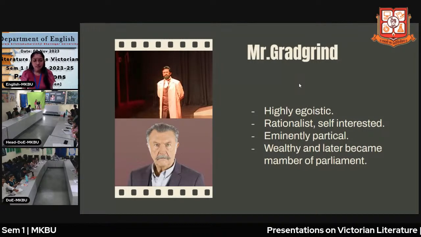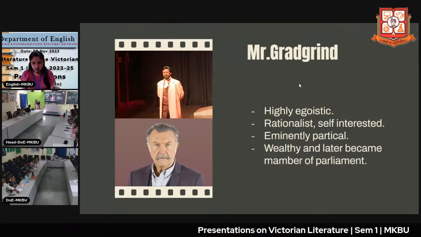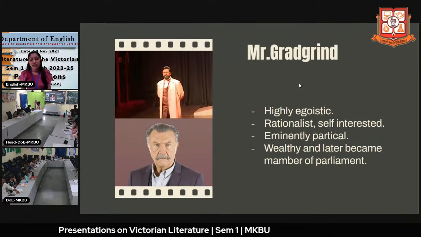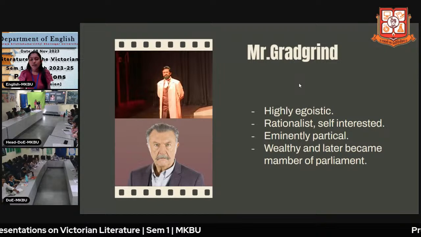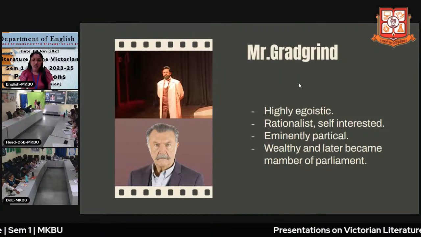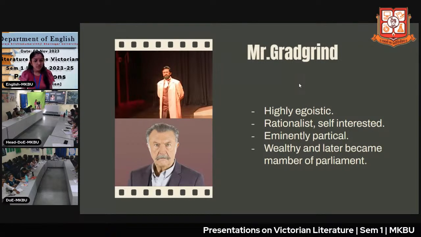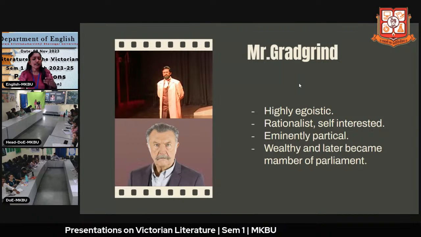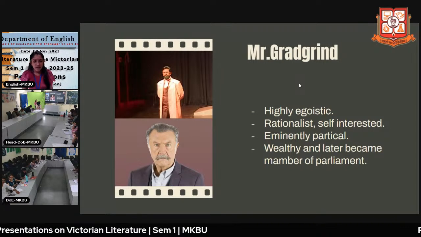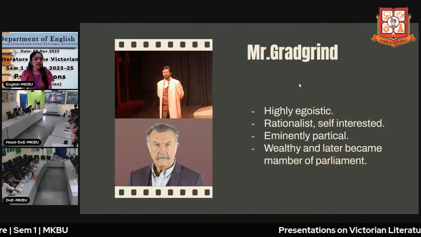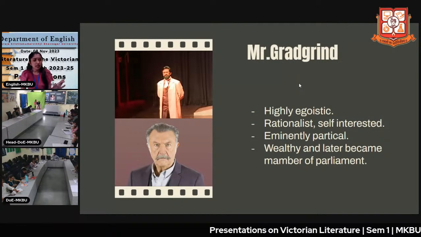Let's continue. Mr. Gradgrind is highly egoistic that we find, and rationalist, self-interested, partial, wealthy, and later becomes a member of parliament also. And Dasin Koludag also we find that he is a very rich person in a way, and he is also an egoistic person, and he only believes in fact.